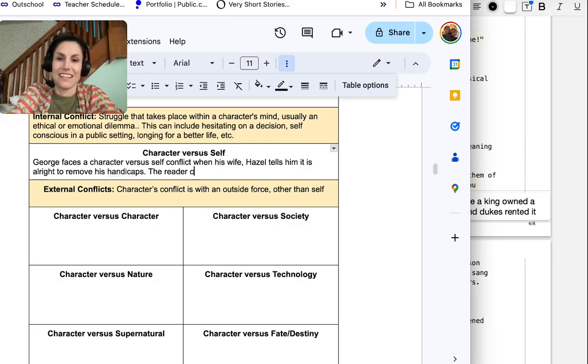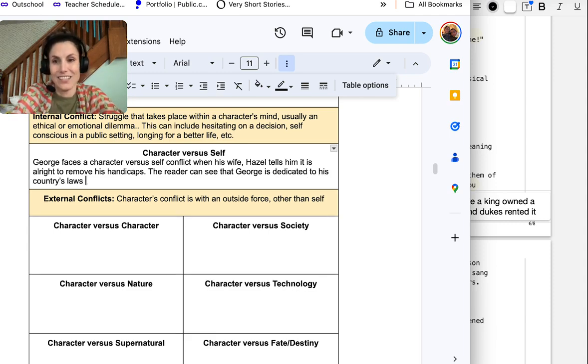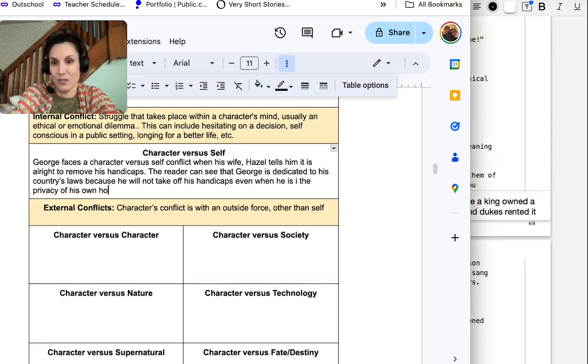The reader can see that George is dedicated to his country's laws because he will not take off his handicaps, even when he is in the privacy of his own home.